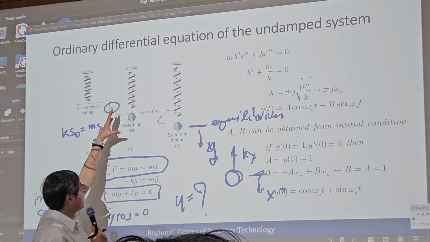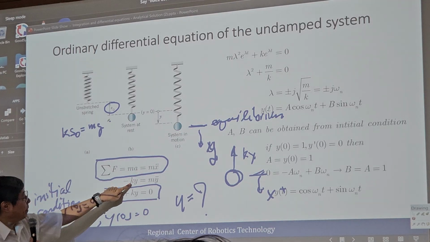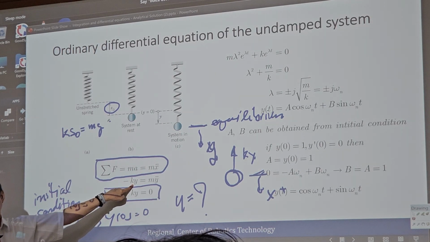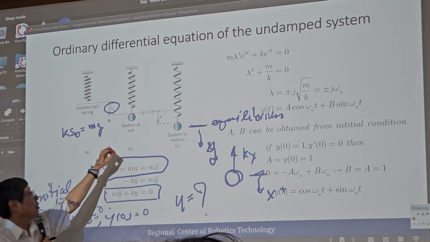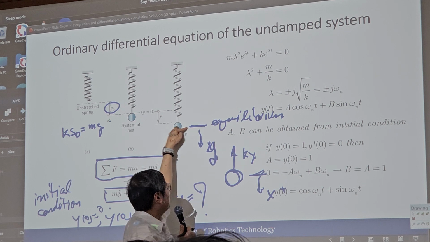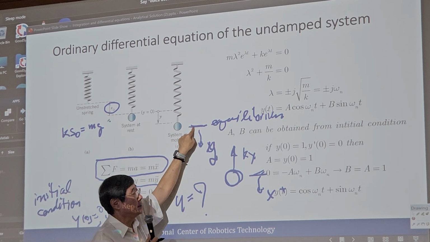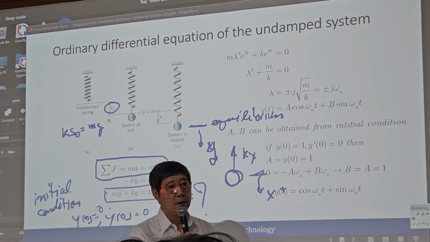So it has already stretched by mg. That's why I don't have mg here. You don't have mg here because the spring is already expanded. We measure from this position, not from that one. Okay?